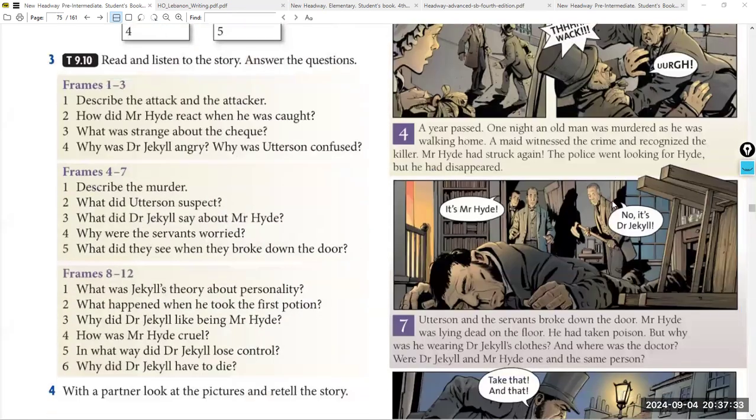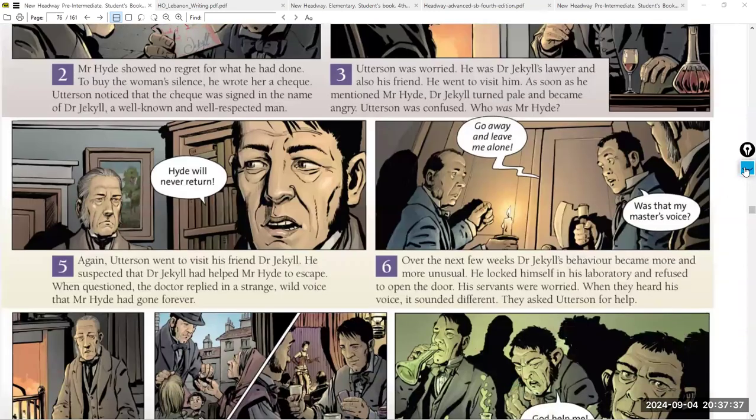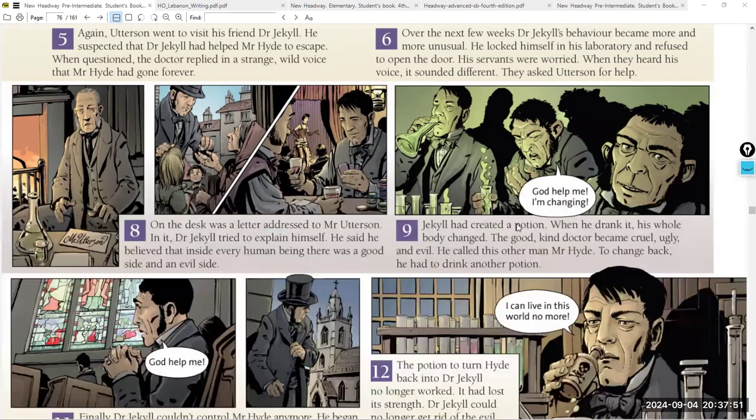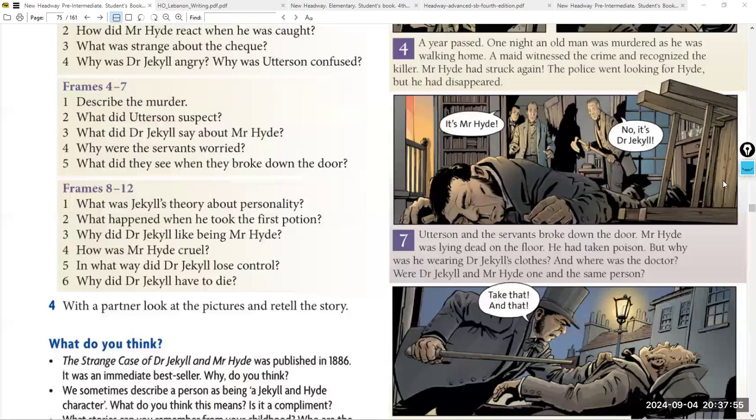Now let me show you picture number 5 about the 5th paragraph. This is it. And this is picture number 6. Picture number 7. I think it is up. This is picture number 7. Exactly, this is it.